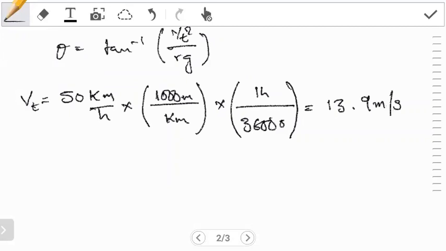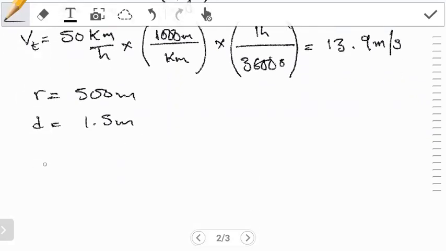So once you've got this, the other thing that the question gives us is the radius. R is equal to 500 meters. Then we also have the distance between the two rails, which is 1.5 meters. And then what you're trying to find is h. Okay.